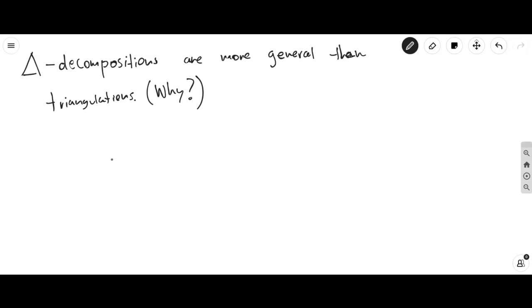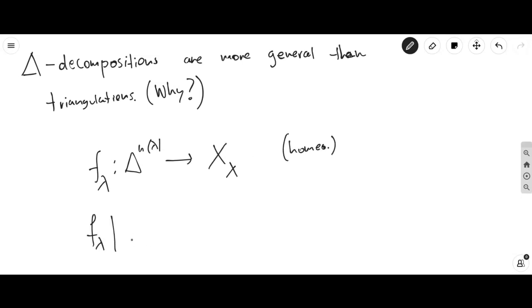Because basically in a triangulation, this is a homeomorphism. So if you restrict the homeomorphism to that interior, then that would certainly map it homeomorphically to the image.